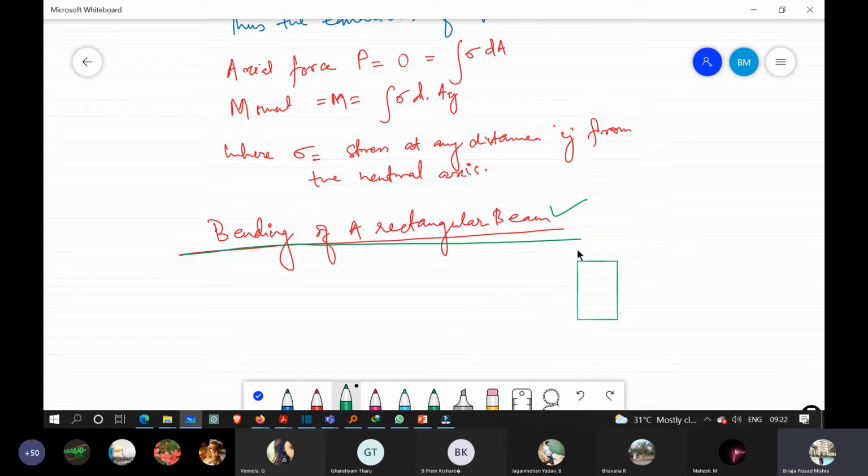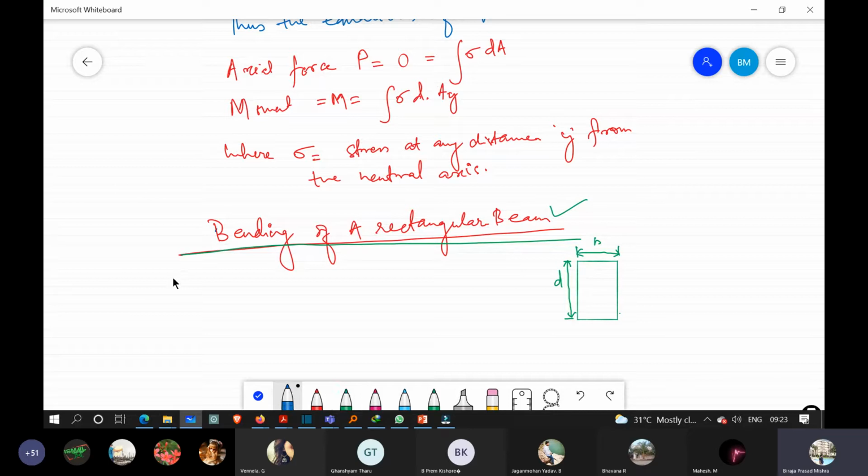Let us say this is the beam, this one is B, that is the breadth, and this one is the depth of the beam.